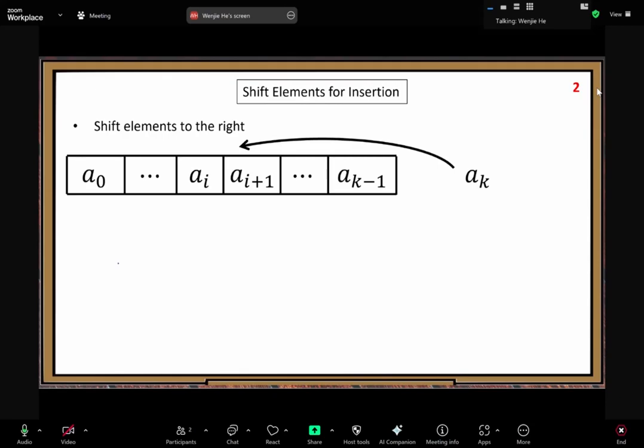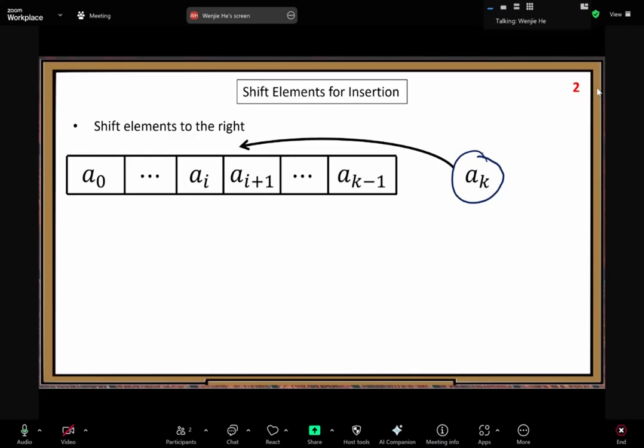Now we need to understand the details. How do we insert this new element at the right position in this array? First, we need to find the right position for this new element, right? At the beginning, we don't know. So after a certain number of comparisons, eventually we will find the right position for this element.